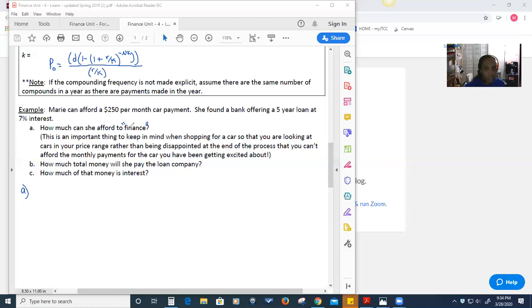So how much can she afford to finance? Thinking about the variables, how much can she afford to borrow? That's asking us to find P0.